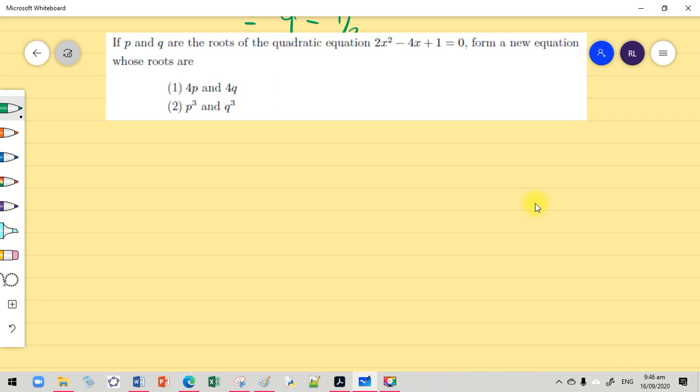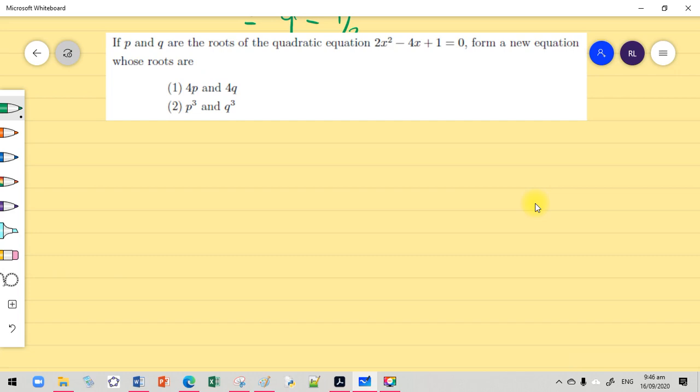So our goal here: we know that before, in showing the relationship of the sum and product of roots, where did it come from?